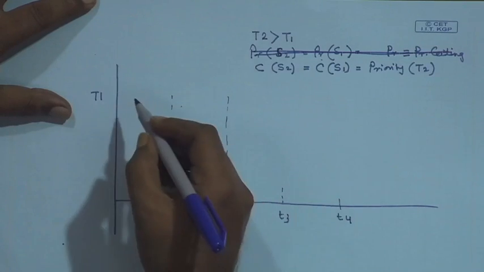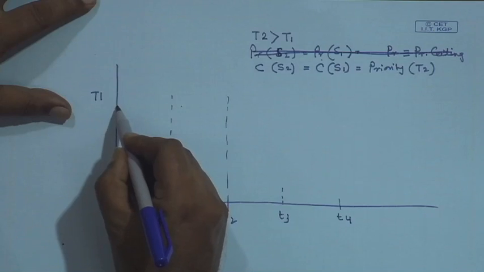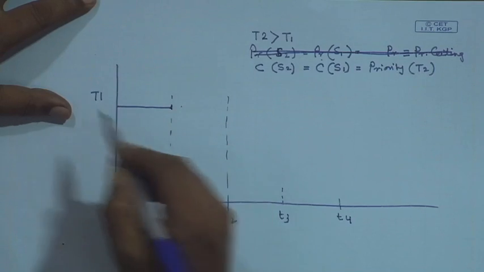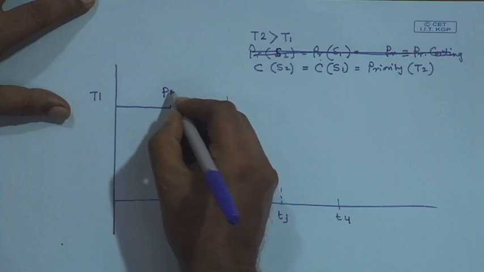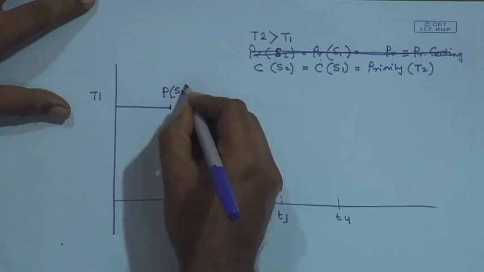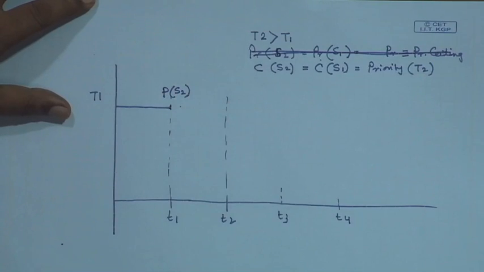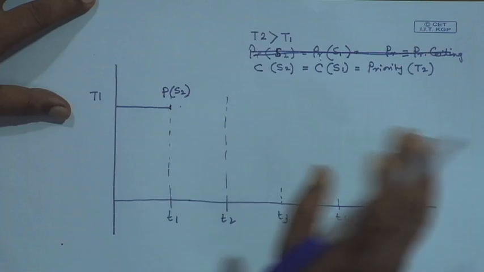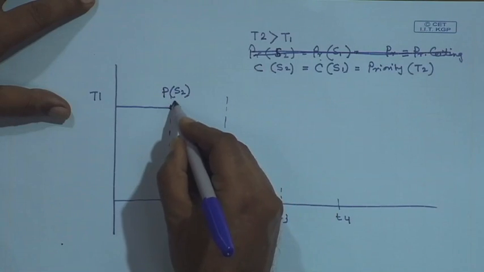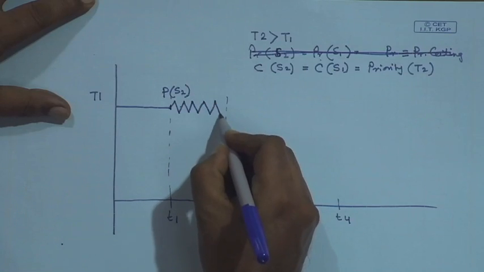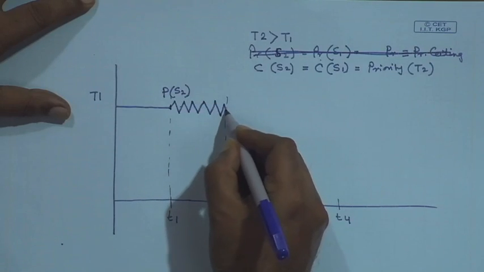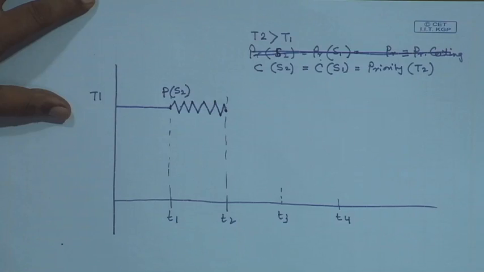Initially T1 starts, and at time t1 it asks for resource S2, which is guarded by semaphore S2. So, now it is within the critical section, right, it is within S2.